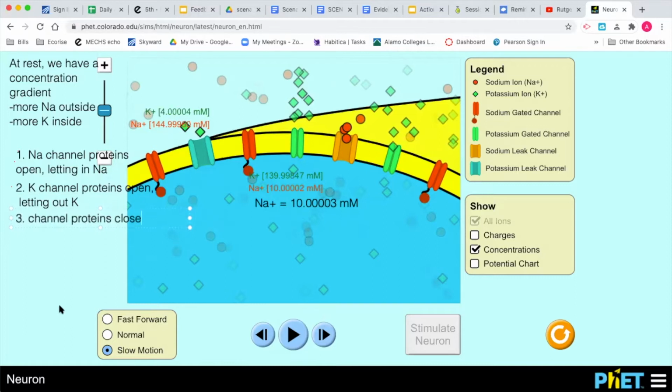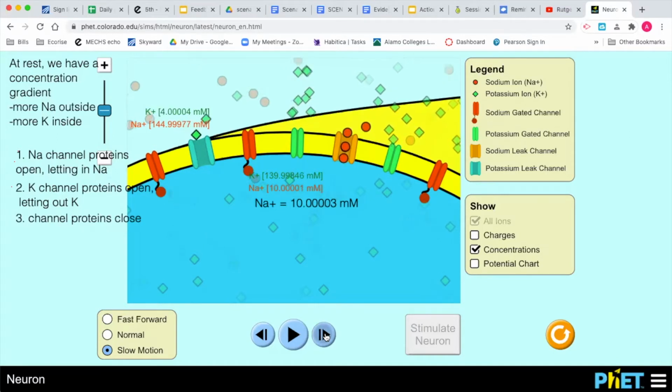So the channel proteins close, that's going to stop the flow of ions going across the membrane, right? And then as I go forward, the numbers are going to start to go back to where they were.